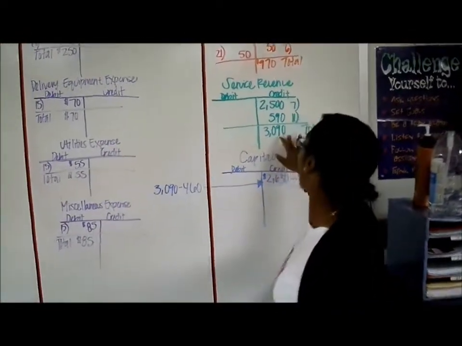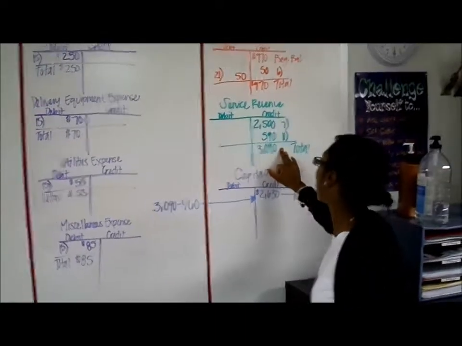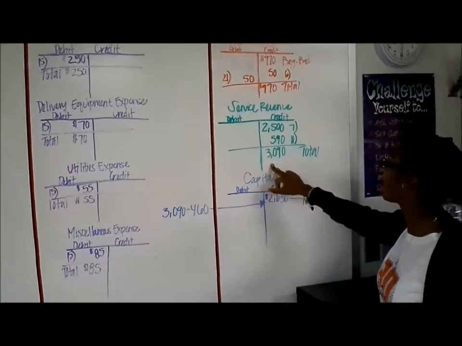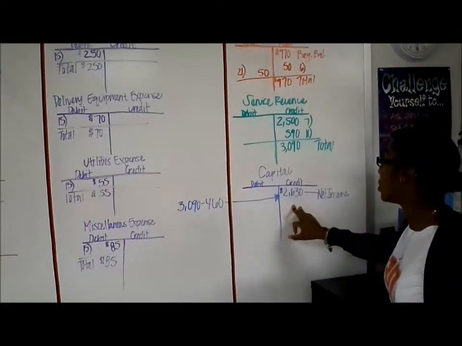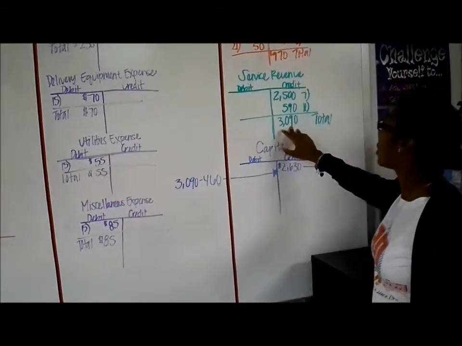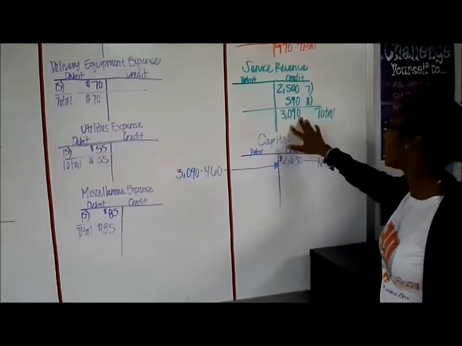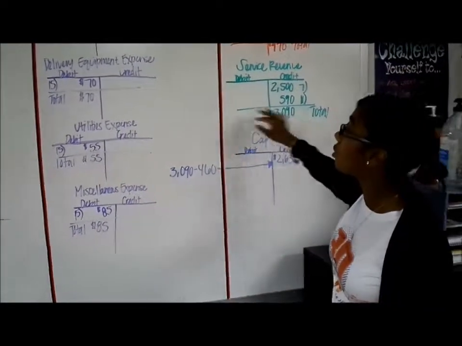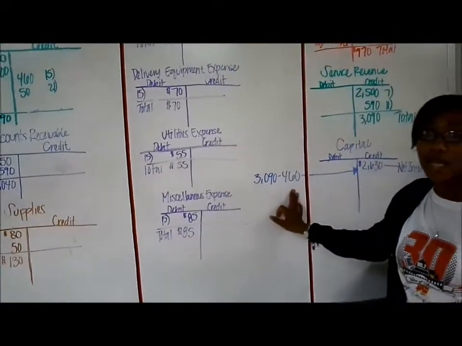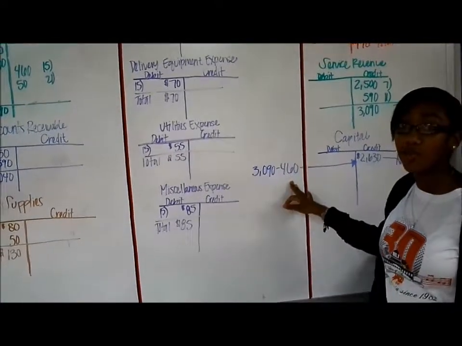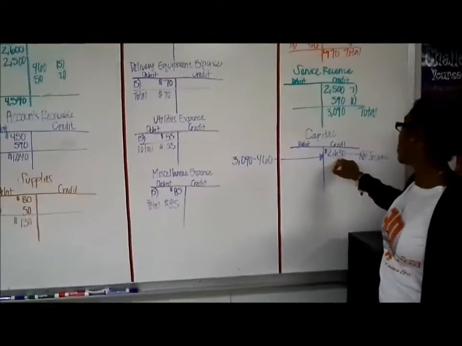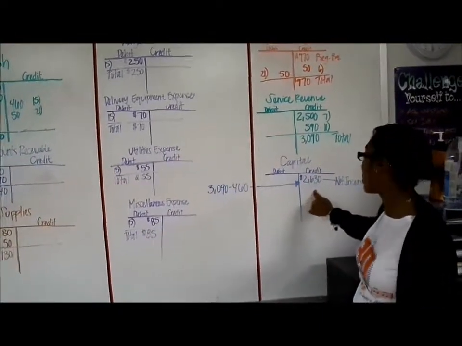Now the last two, for service revenue, you would get a credit total of $3,090. And then for capital, what you do is you would subtract your total revenue minus your total expenses, and that would give you your net income. Net income increases your capital account, so you would end up putting it on the credit side of the capital T account.